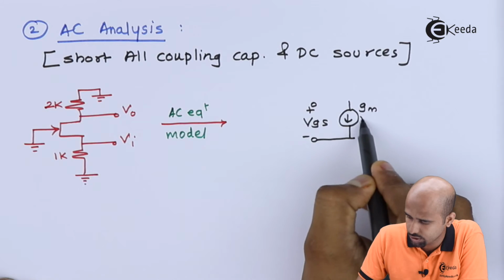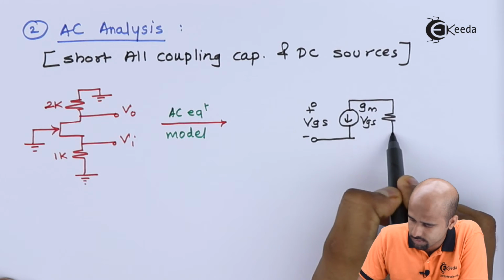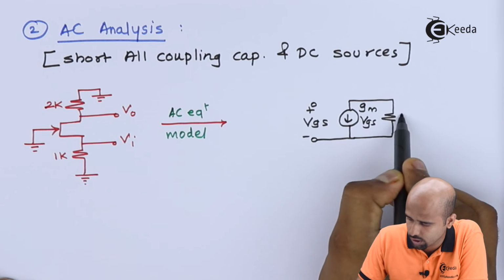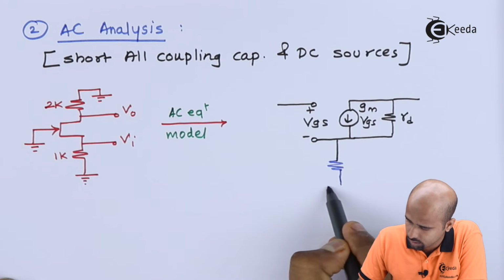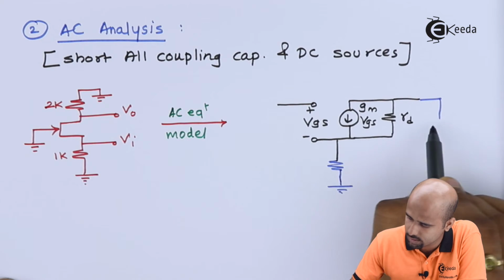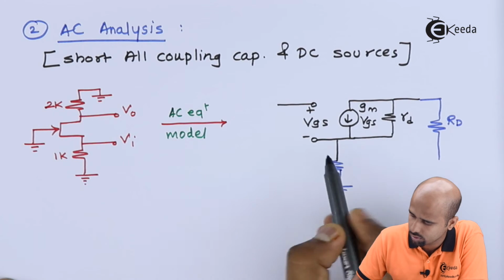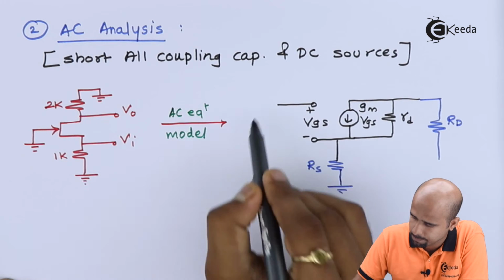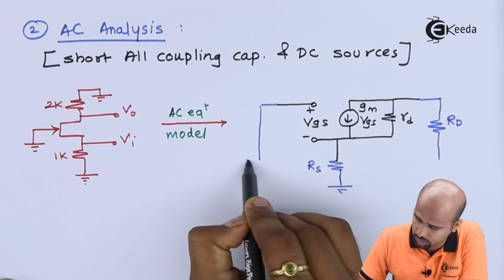This is GM VGS. This resistance is small rd. Here one resistance is applied at the drain terminal and connected to ground, and there is no resistance at the source but it is directly connected to ground.